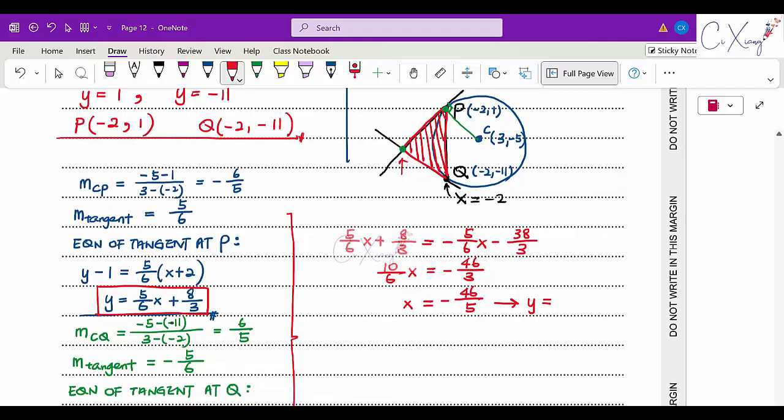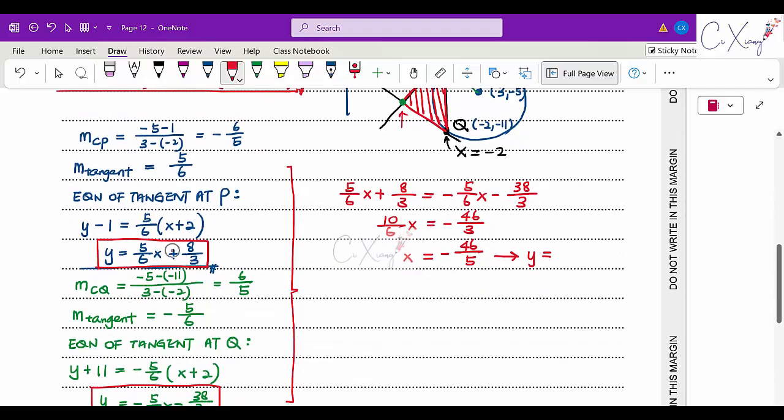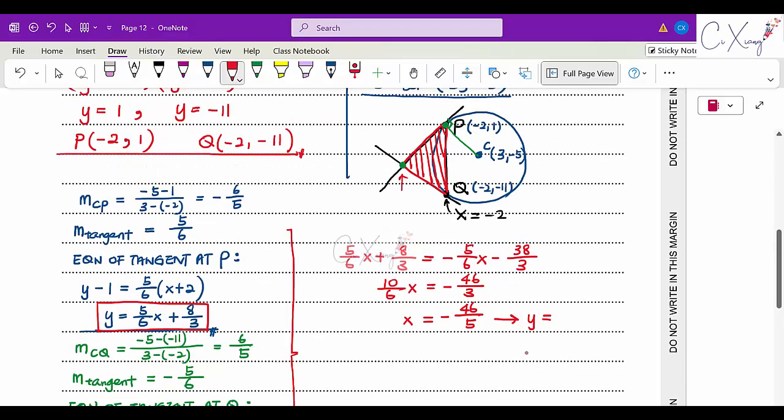No matter which equation you substitute in, it is fine, because the intersection point fulfills both equations. So I'm having 5 over 6 multiplied with negative 46 over 5, then plus 8 over 3, and the y coordinate is negative 5.